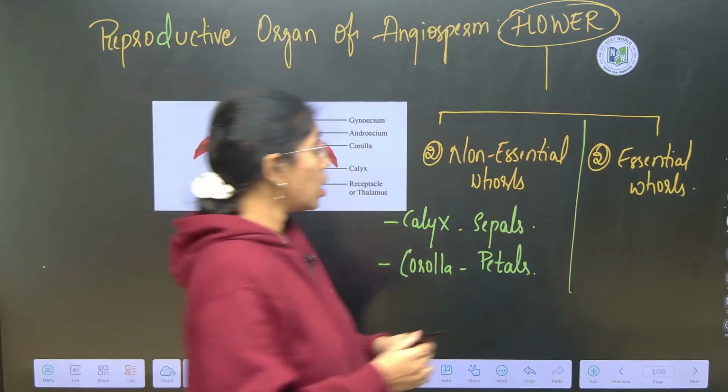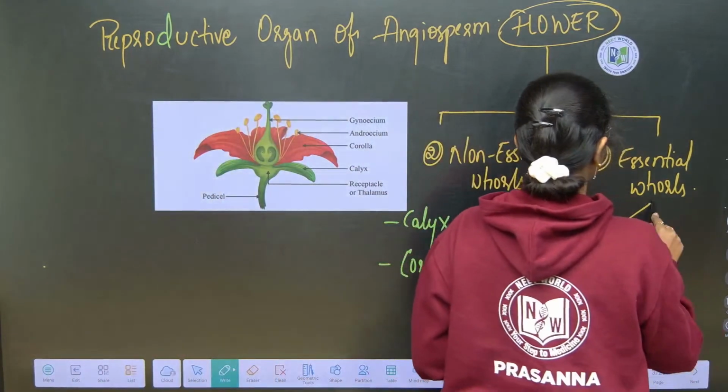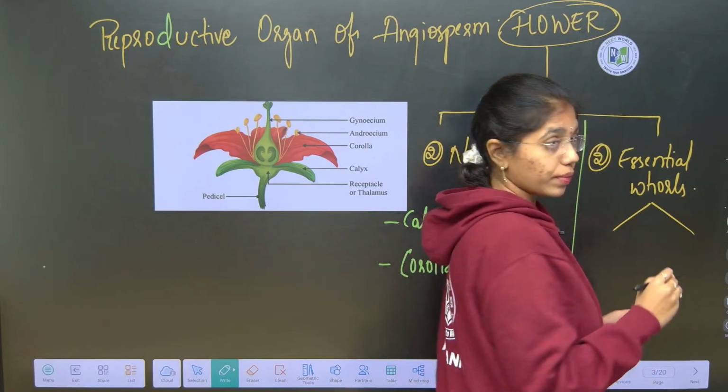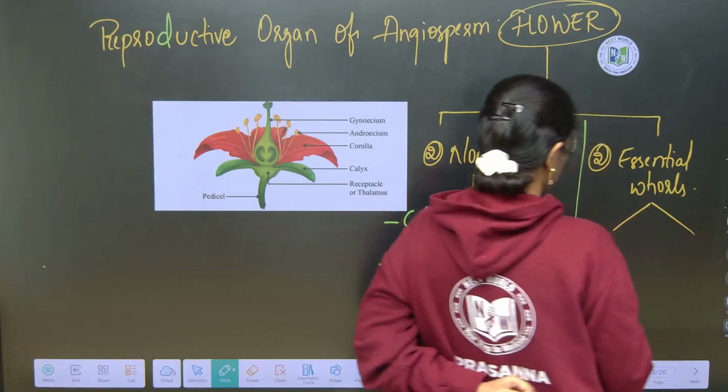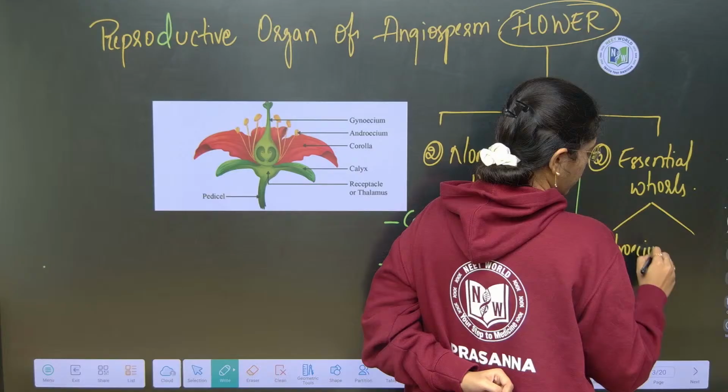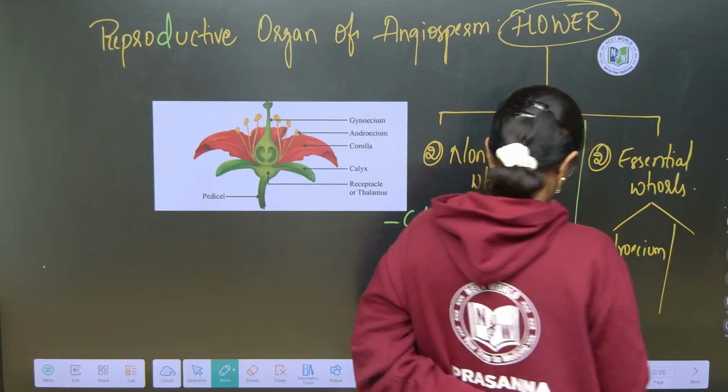Essential whorls include androecium and gynoecium. These are male and female reproductive structures. Androecium and pistil or gynoecium.